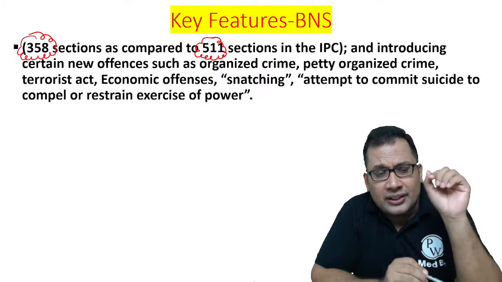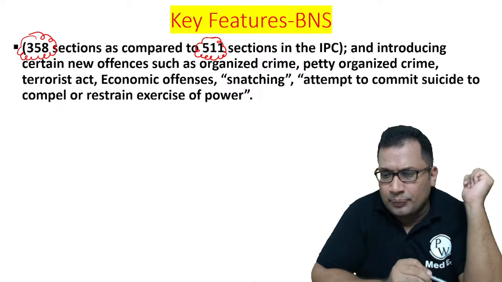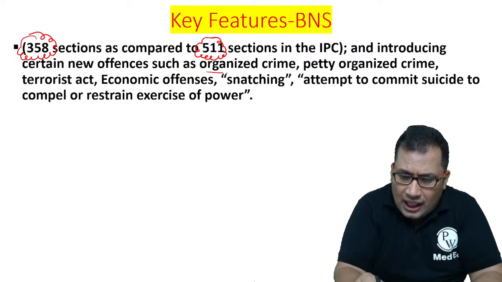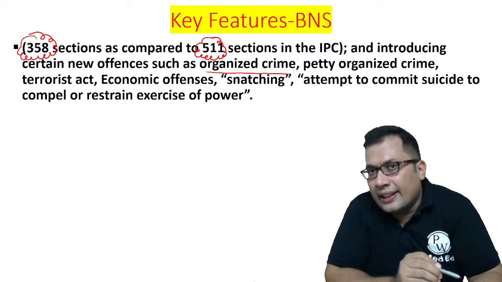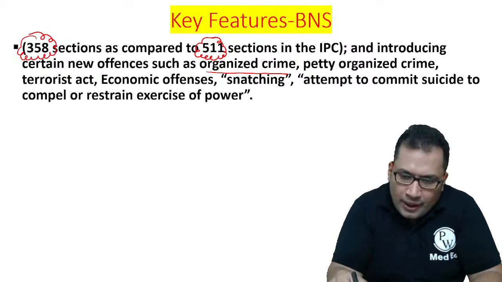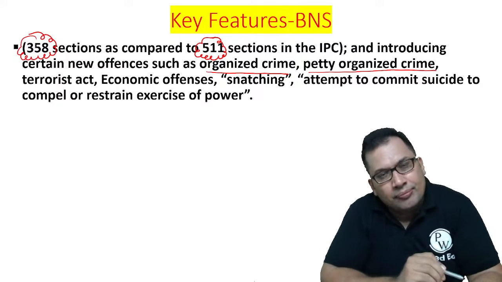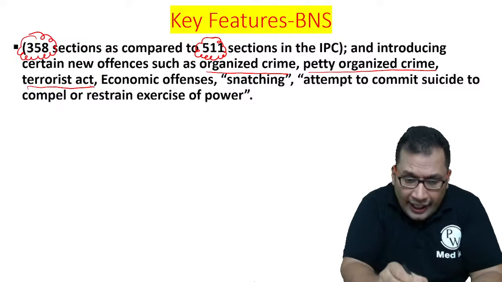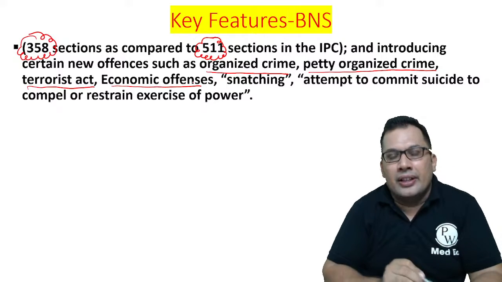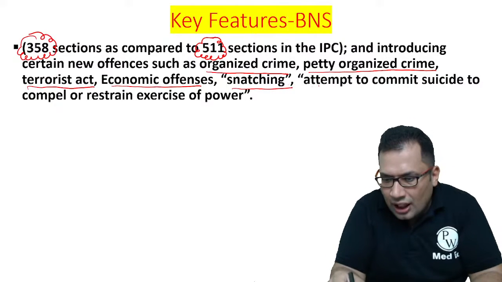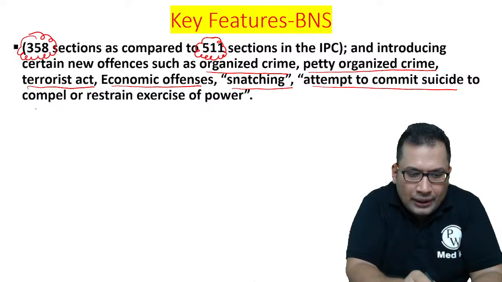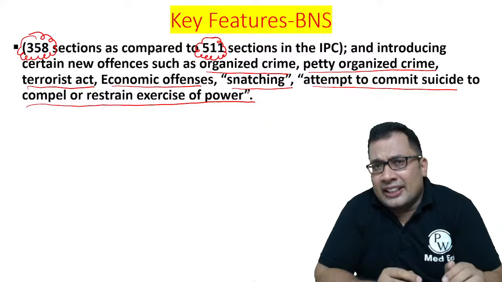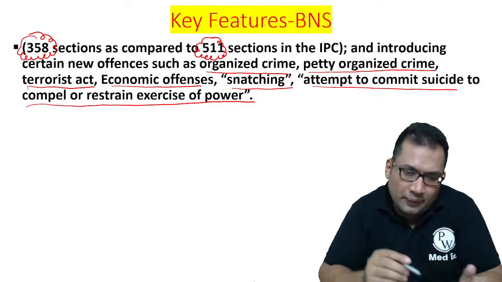In BNS, it is around 358. And there are new offenses which were not there in the previous IPC, like organized crime, petty organized crime, terrorist act, economic offenses, snatching, and attempt to commit suicide to compel or restrain exercise of power. So many new sections are added.